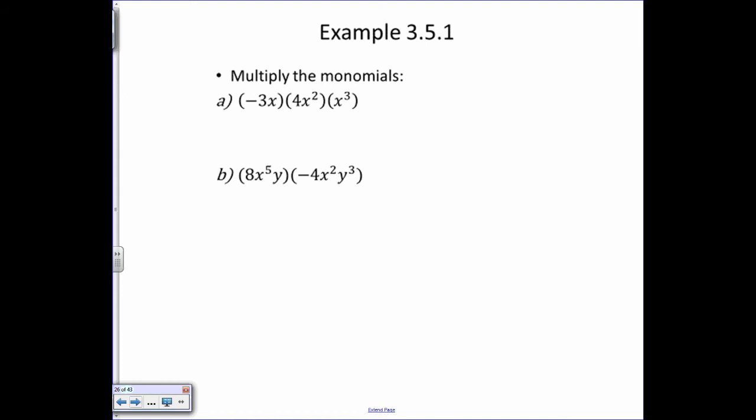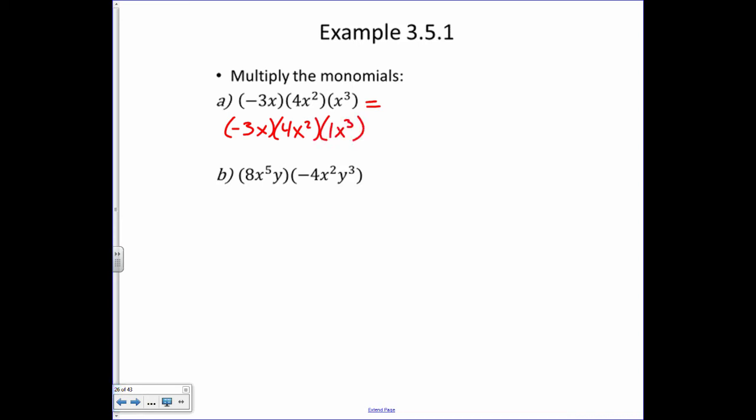So here, first we want to just multiply some monomials. To multiply monomials, we first multiply the numbers, then multiply the variables. Here we have negative 3x times 4x squared times 1x cubed.